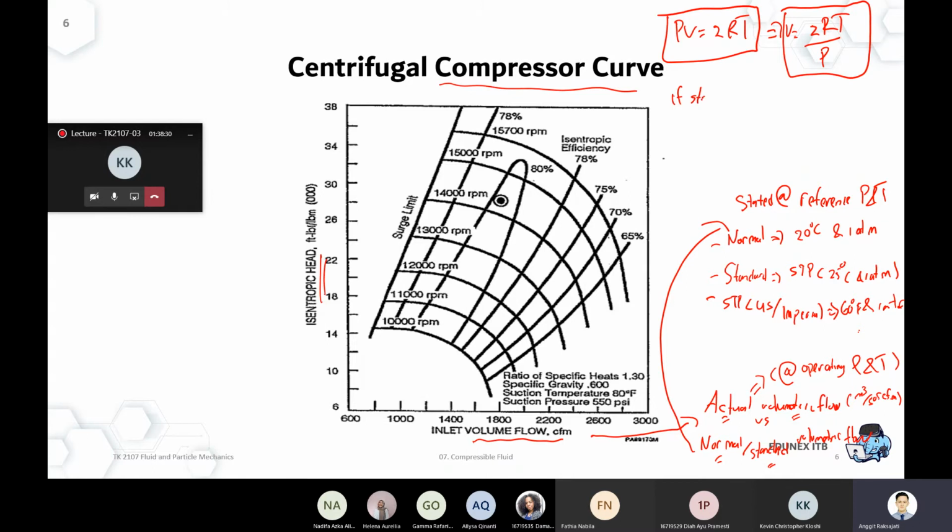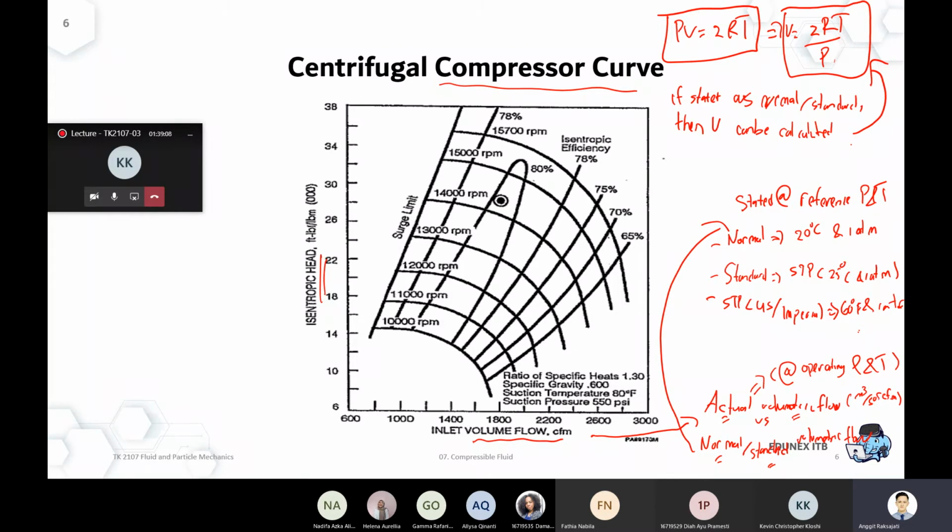So if stated as normal or standard, then V can be calculated using this one. T must be 25 degrees C at room temperature, must be 60 degree F at STP in the US, must be 20 degrees C in the normal condition. P itself is always 1 ATM.